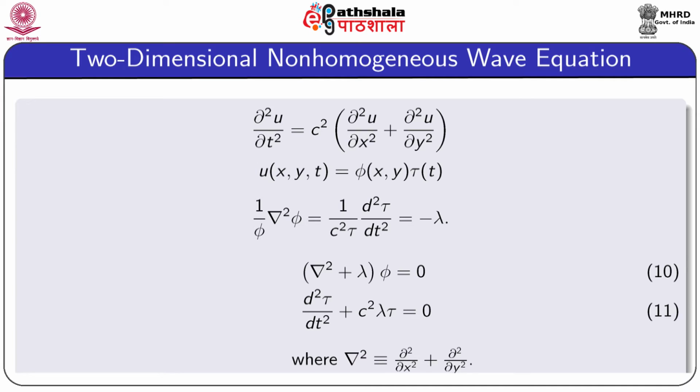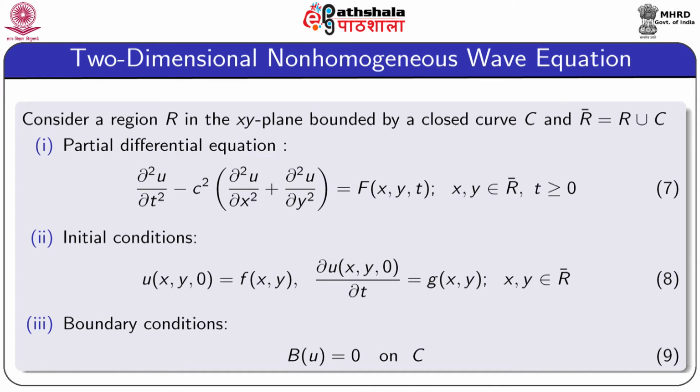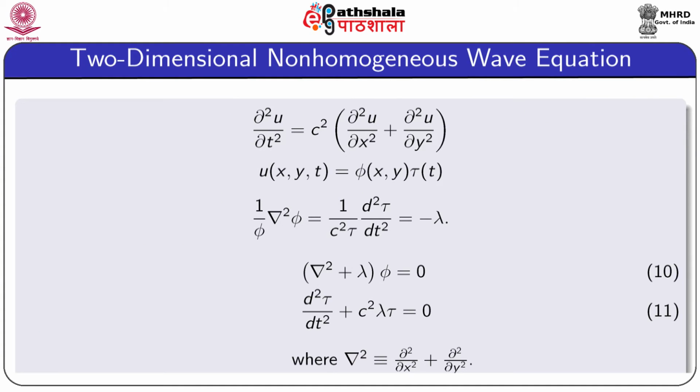To solve that non-homogeneous wave equation, first we try to find the solution of the homogeneous wave equation, where we have considered the right hand side of equation 7, capital F, equal to 0. Thus, we are solving this equation. First, we use the method of separation of variables. We separate the space variable from the time variable.